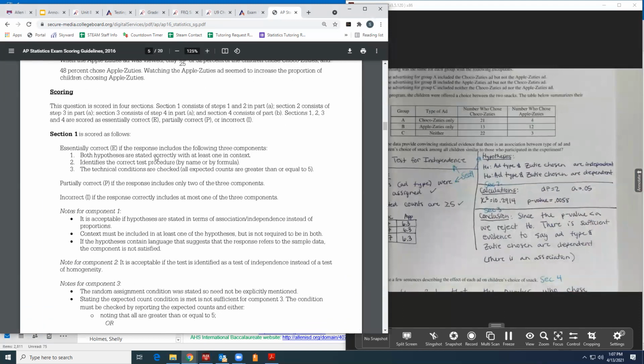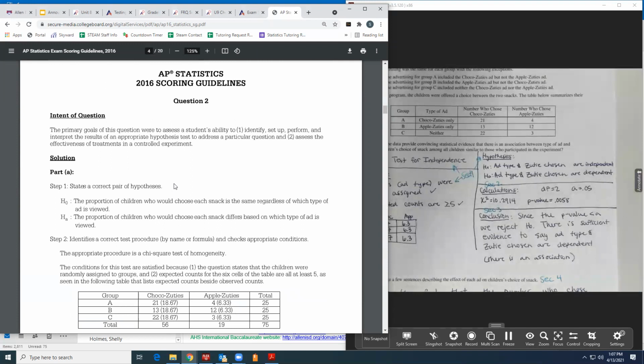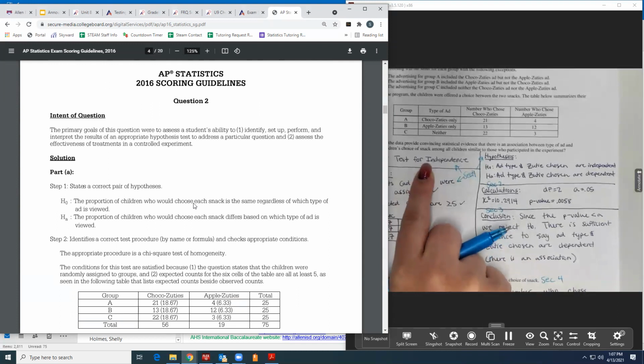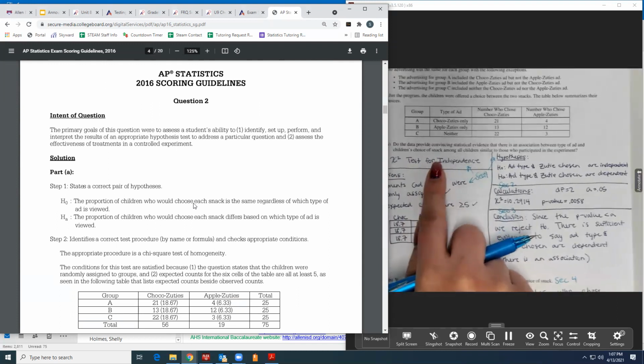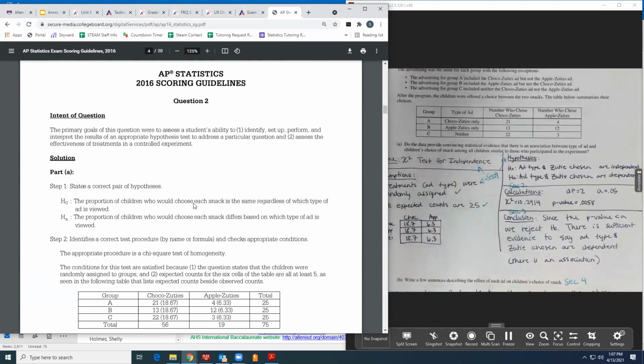So let's look at the actual scoring. Essentially correct if you have the following 3 components. Both hypotheses are stated correctly with at least one in context. So for the name of the test, it's going to say this below. This is actually a chi-square test for independence. But as far as College Board is concerned, a chi-square test for independence and a chi-square test for homogeneity are essentially the same thing.